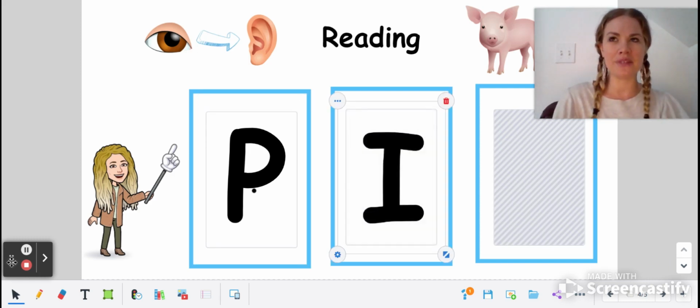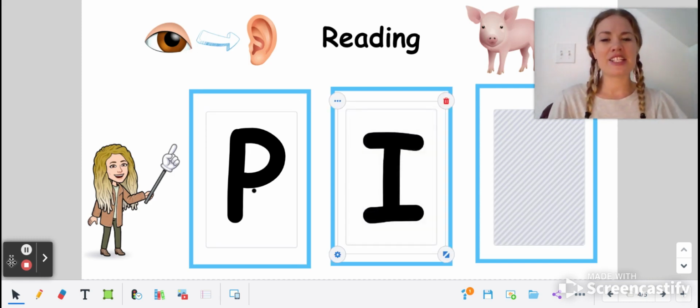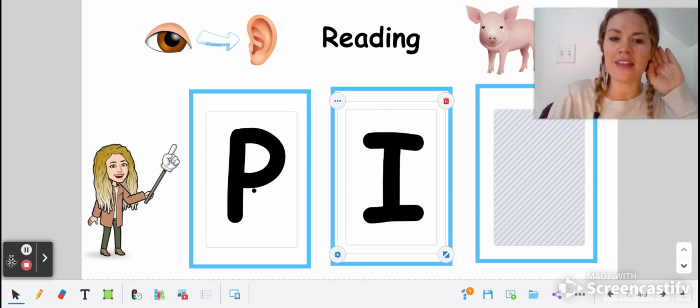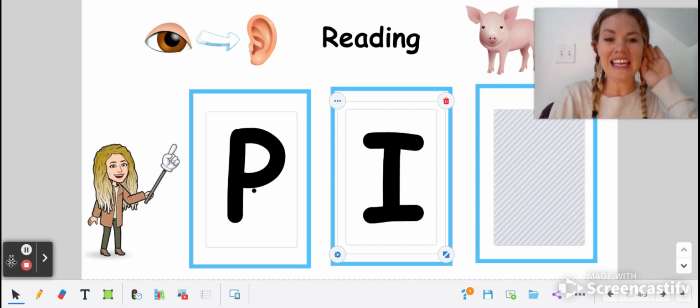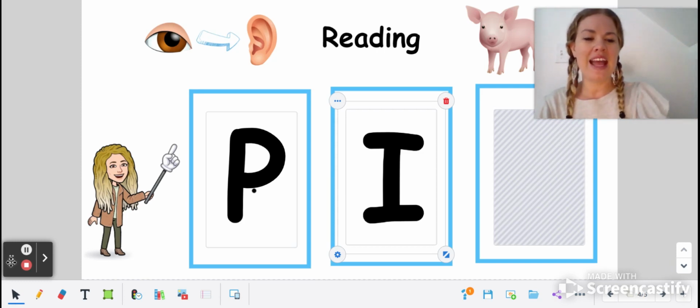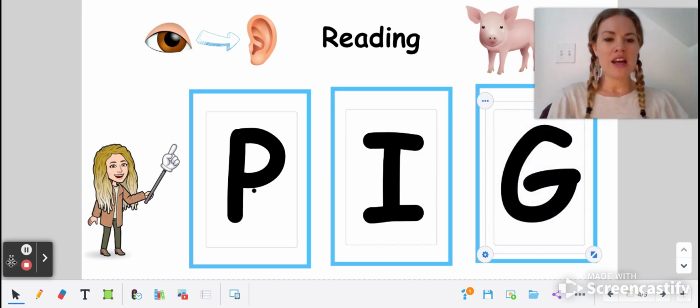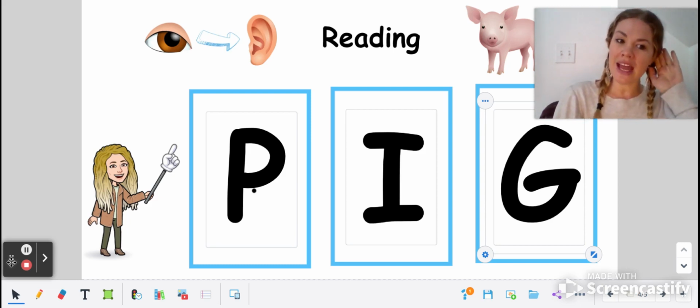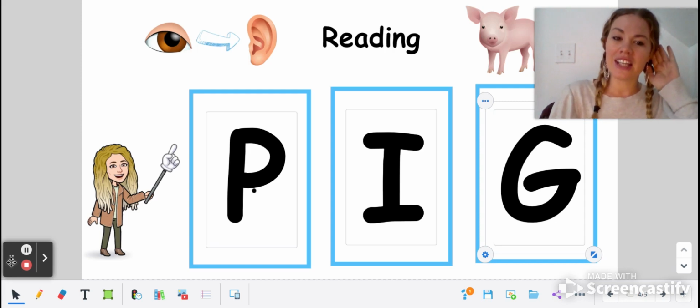What is that letter? And Anisha might say, it is an I. Great. And what is the sound that that symbol makes? Great job. And let's look at this last symbol. You might ask them first and not give it away. It is a G. And what sound does that make? We're looking at the G, and now we're going to make it into a sound. What is that sound? G, g, g.